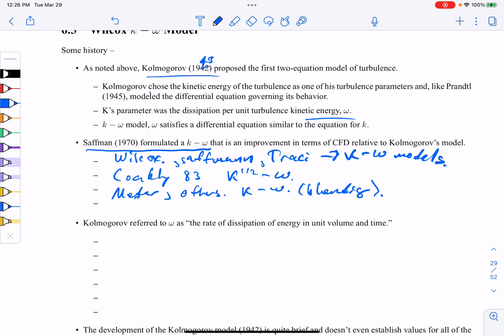And then others, even more: a guy named Robinson in '95 made k-omega squared models. So you can see there are even different forms. I would say the most popular form today is these k-omega models, and coming second are k-omega squared models.